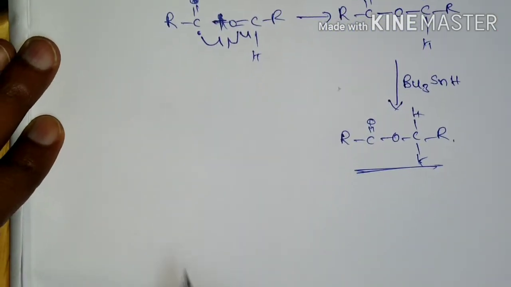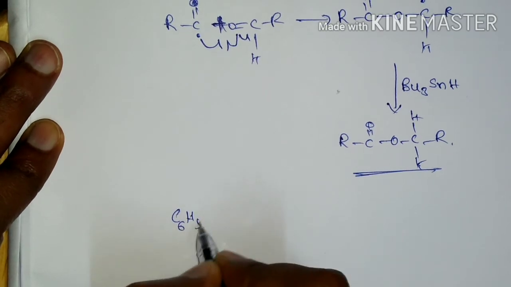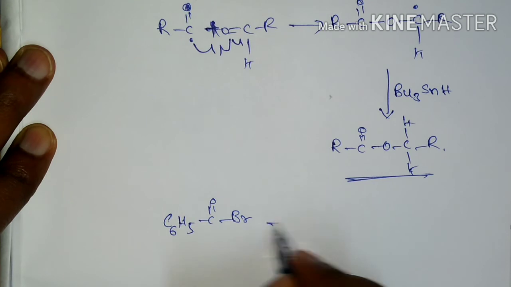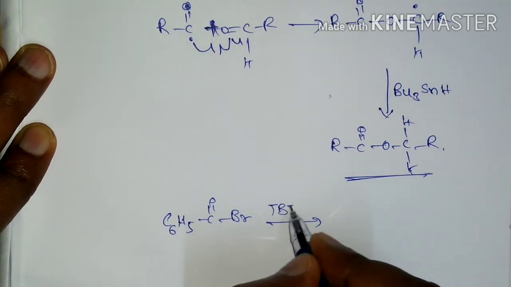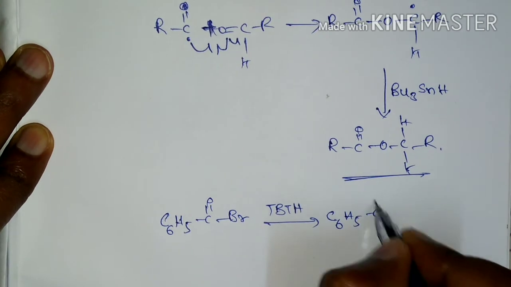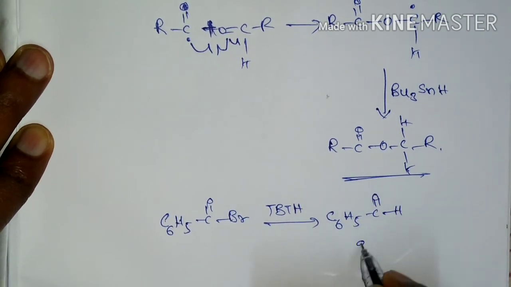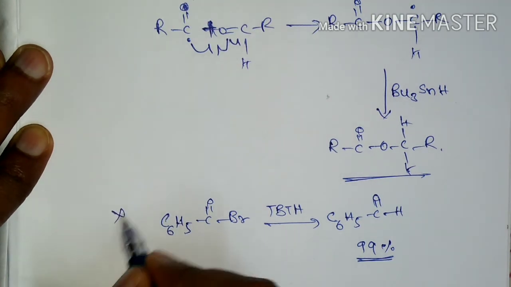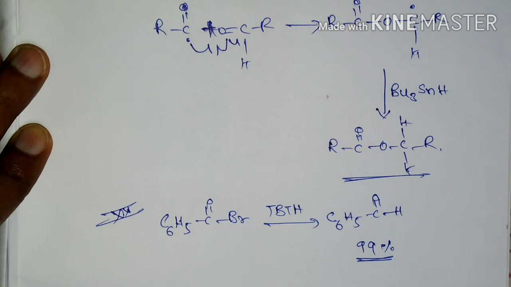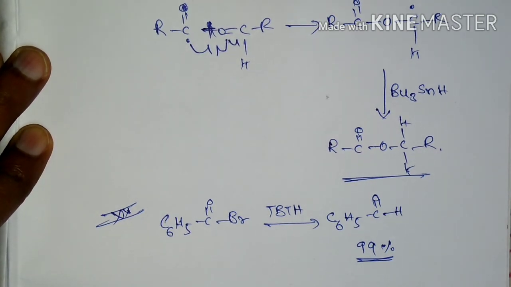One such example is benzoyl bromide. If it is reacted with tributyl tin hydride, we get benzaldehyde of around 99%. So this is an exceptional case; in the remaining cases, we get a mixture of products.